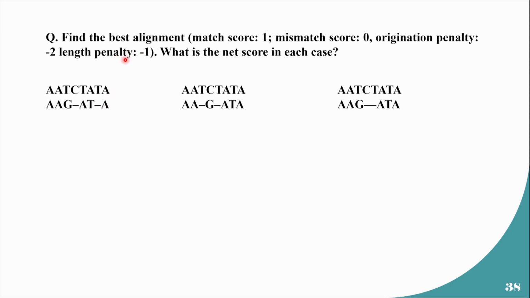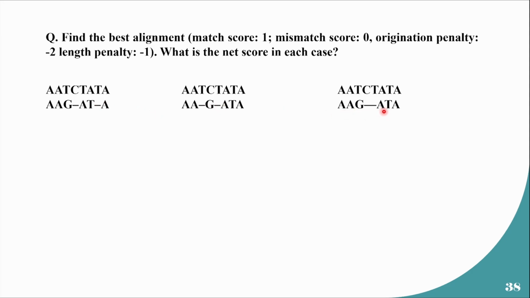Now, another concept is the origination penalty, which is basically every time you see the origin of a gap. Because if you think about the hierarchy, the origin of a gap is even more unfavorable. So in these first two cases, you see there are two origin points of two gaps, right? One is here and another one is here. So that is highly unfavorable, and for that you have to give two times the origination penalty. For the second one, it is the same.